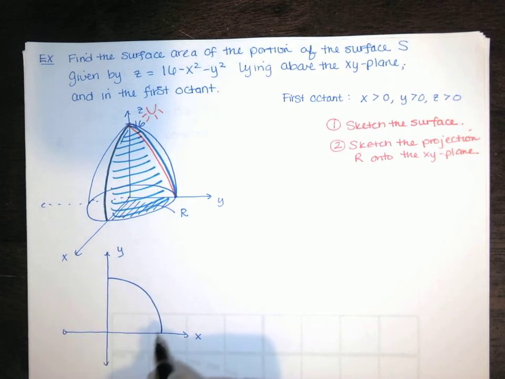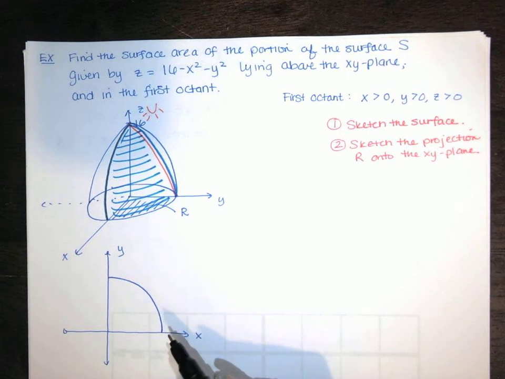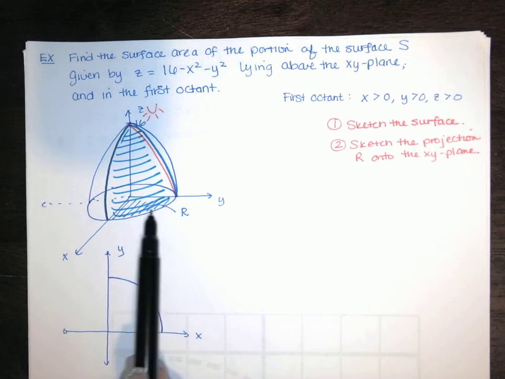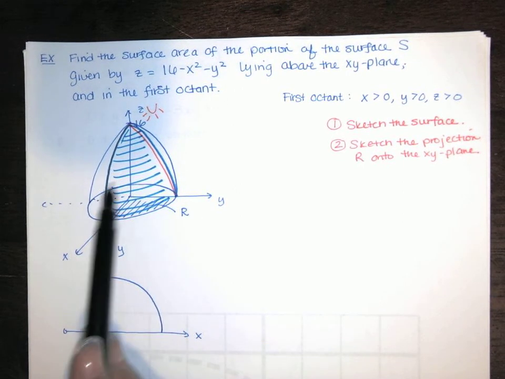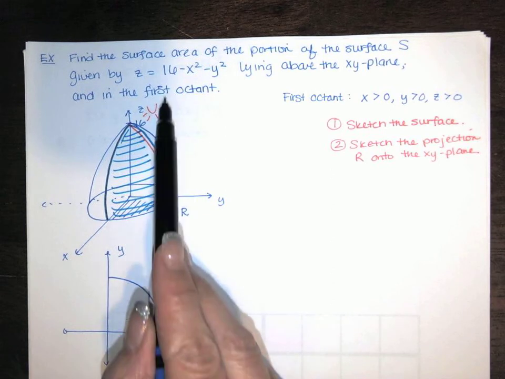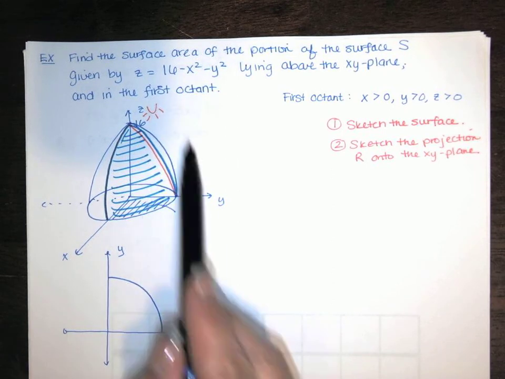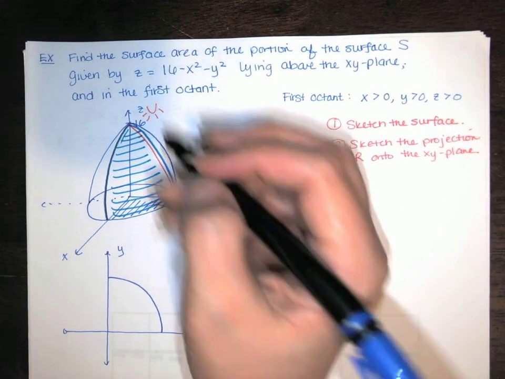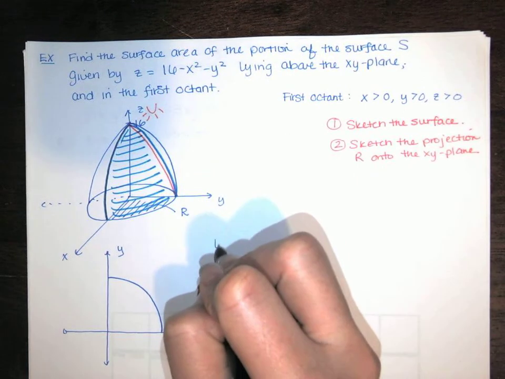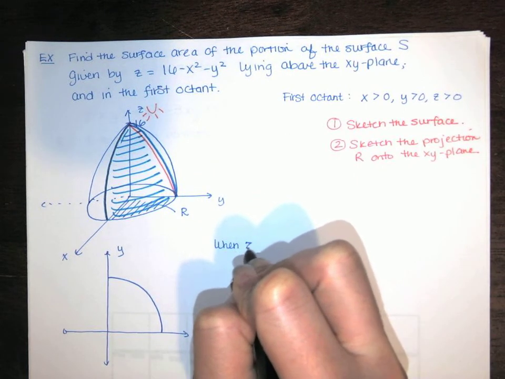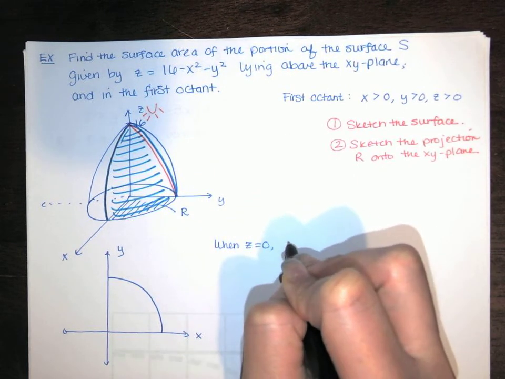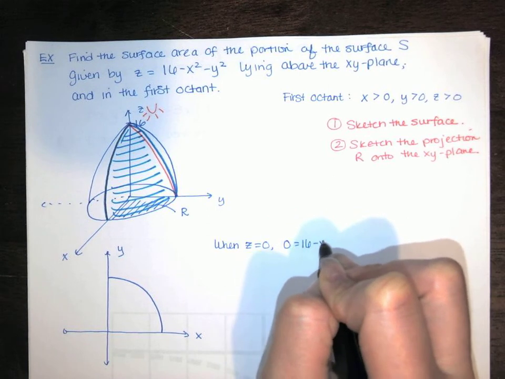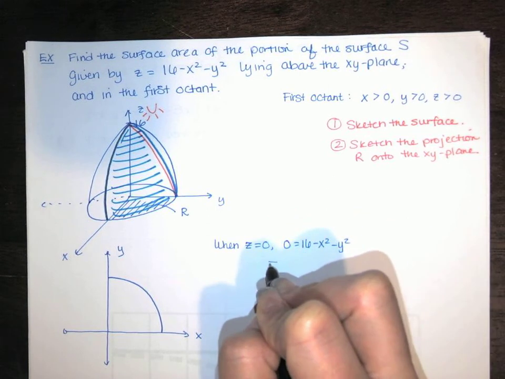Now to figure out the equation of this semicircle, well, remember, that boundary is given by z equals 0, because in the xy plane, that's where z equals 0. So I'll set z equal to 0. So we have 0 equals 16 minus x squared minus y squared.